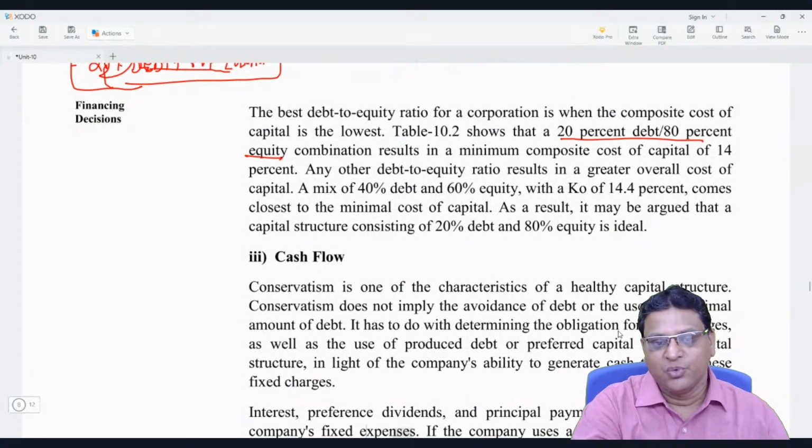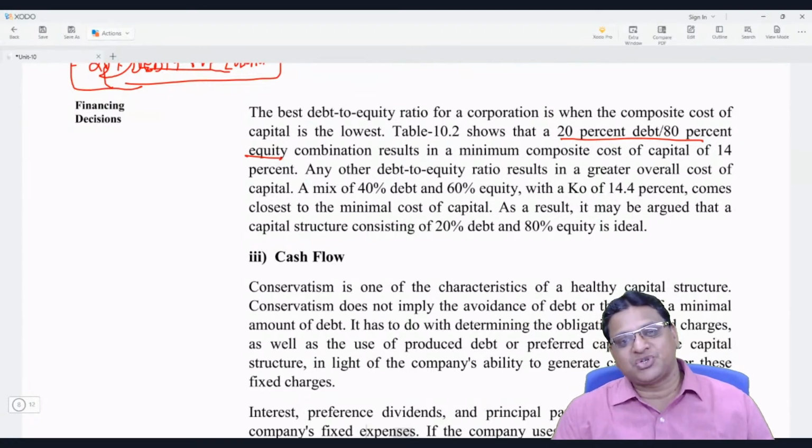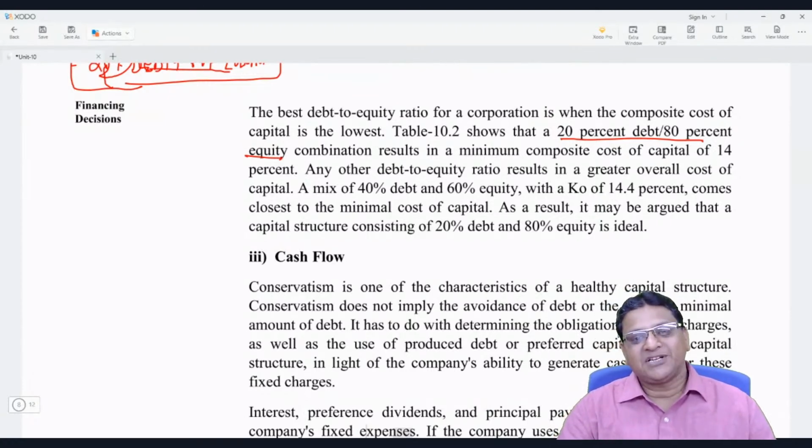So we are discussing what are the factors which must be considered while designing the capital structure of an organization. We have discussed two important factors. First factor is we will make an EBIT EPS analysis of different capital structures, and we have to select that capital structure where EPS is maximum.